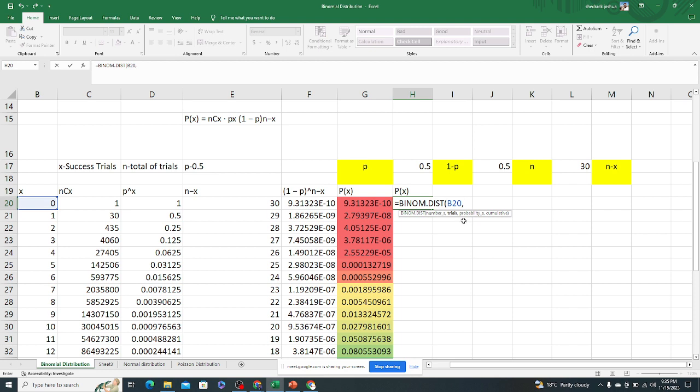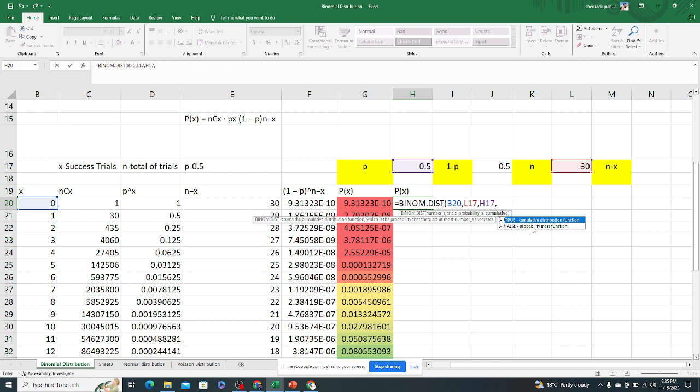Then we need the probability of success, which is 0.5. Then, before that, we have the number of successful trials, then a comma, then the total number of trials. So here is the total number of trials. Then we need the probability of successful trials, which is this one.